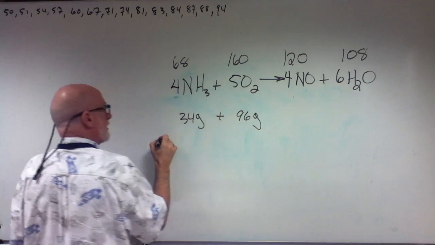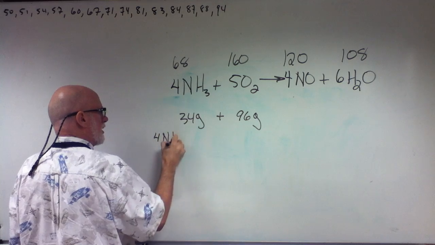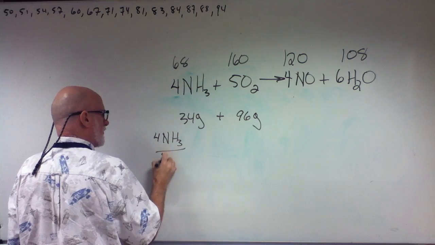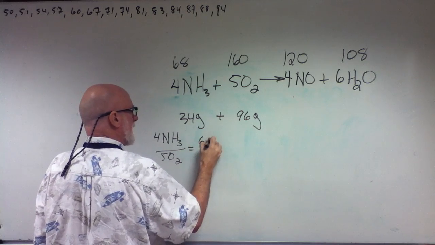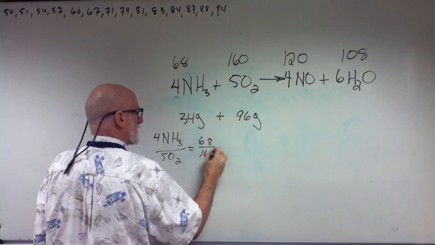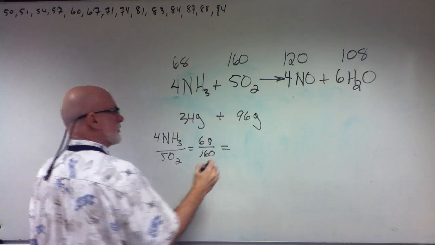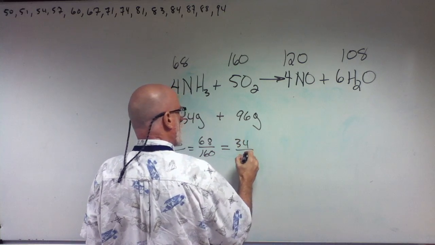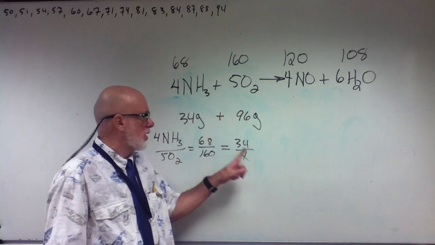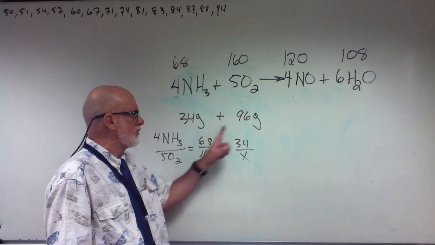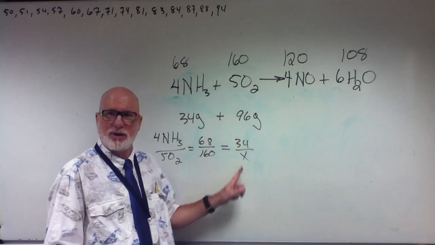So this is going to be 4 ammonia over 5 oxygen, 68 over 160, equals 34 over x. So 160 times 34 divided by 68 will be the amount of oxygen that will combine.